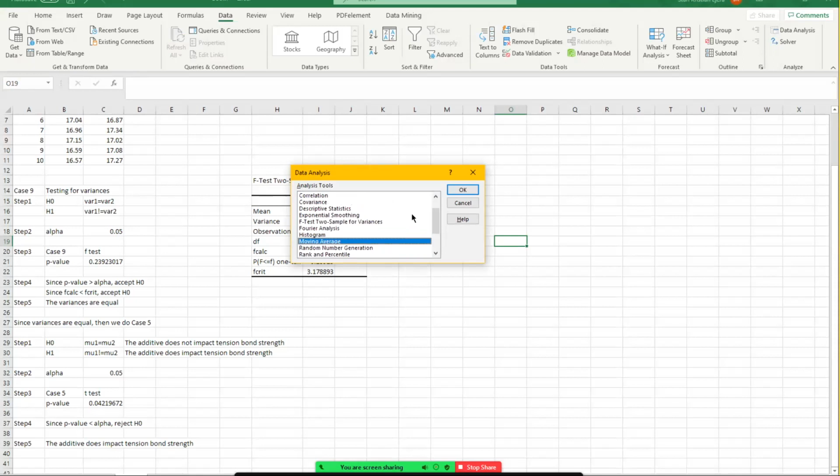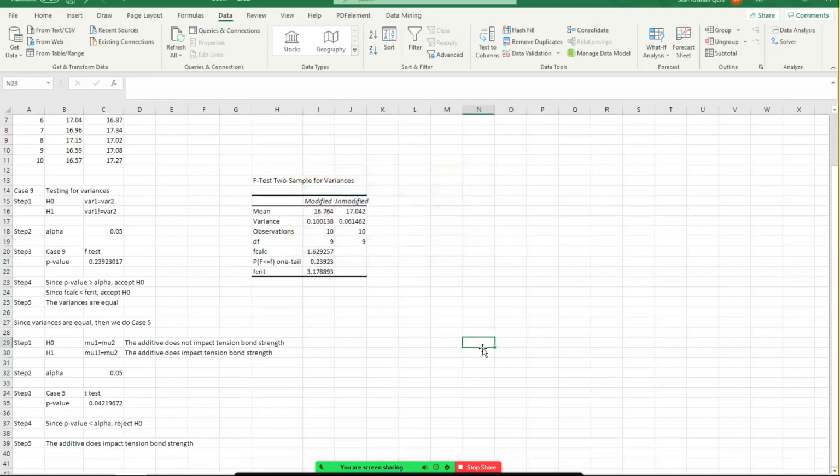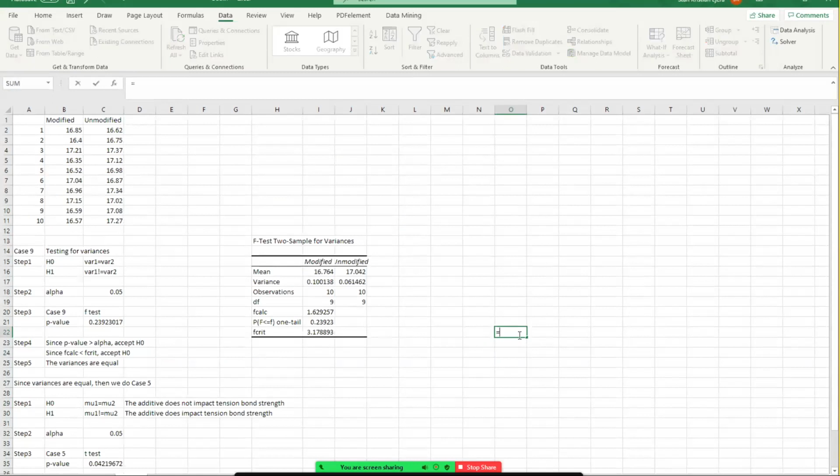Wala, no? F-test for two sample. Wala, sorry. Mukhang kailangan nyo i-manual si case 8, no? Wala siyang quick na method.